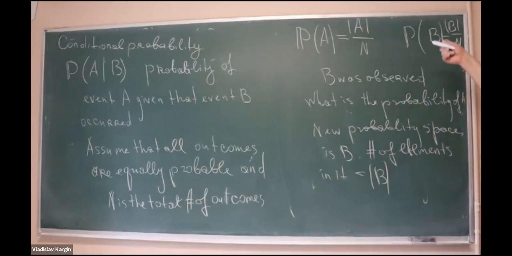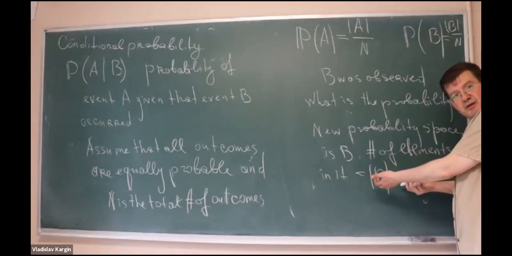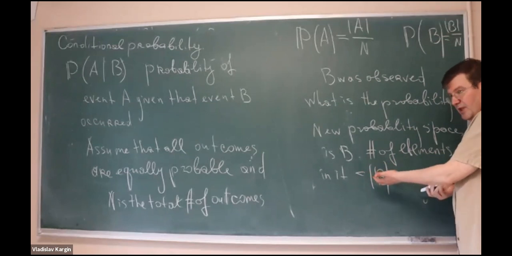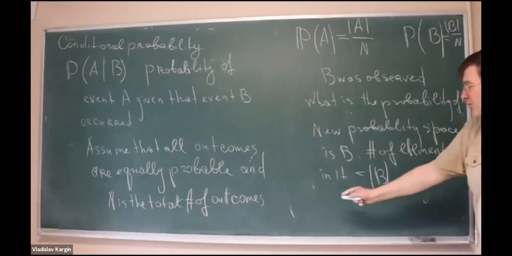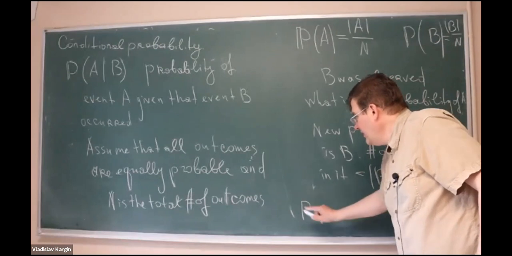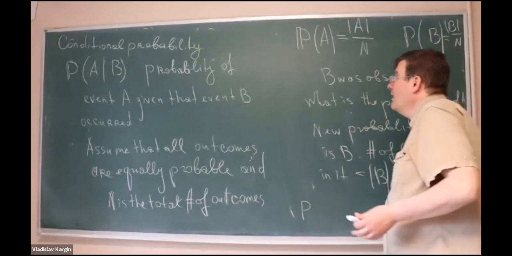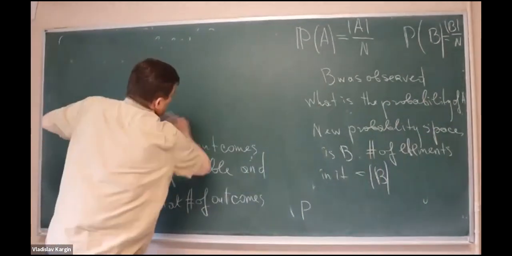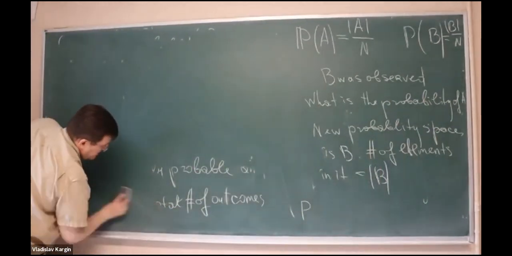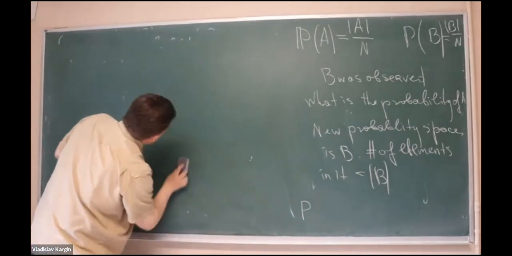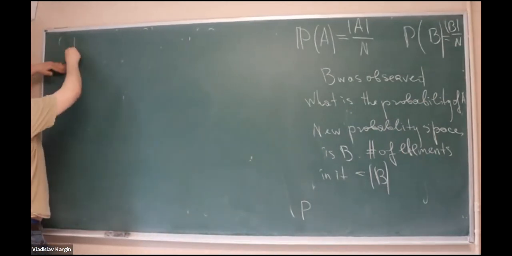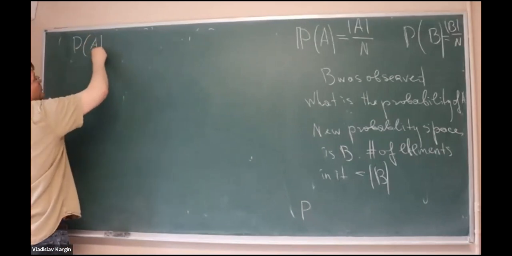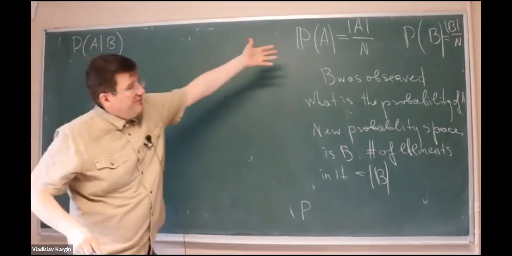And so if you assume that all outcomes in this B are equally probable, then we can still write the formula like that. So this probability of A, let us denote it A given B, because it's different from this thing.